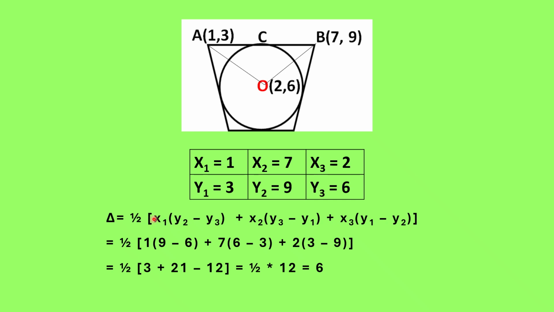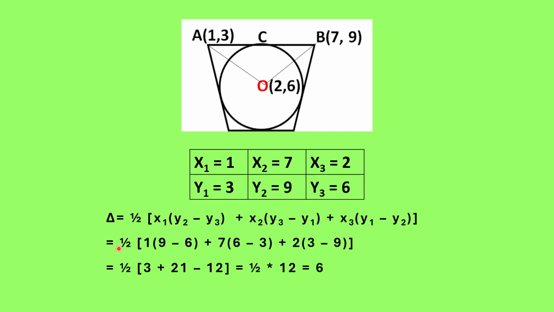Now, the area of the triangle will be half into x1, which is 1, into y2 minus y3, that is 9 minus 6, plus x2, which is 7, into y3 minus y1, that is 6 minus 3, plus x3, which is 2, into y1 minus y2, that is 3 minus 9.